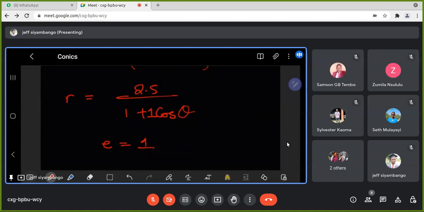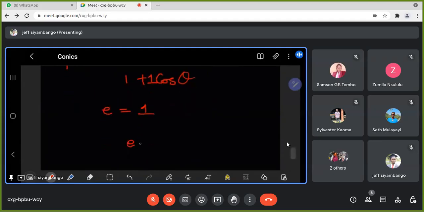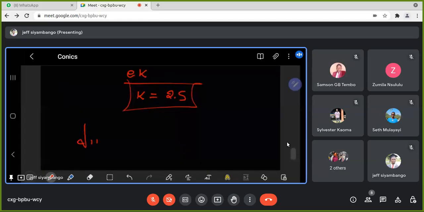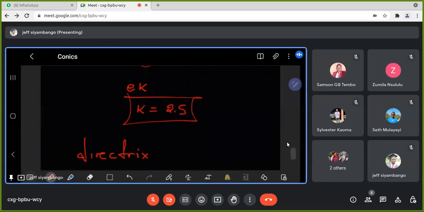Then the next thing that we see is the top part. The top part is controlled by E and K. But we've seen that E is 1. What does that mean? It means that K equals 2.5. What is our conclusion? Our directrix, which is what the question wanted, is going to be the line, since this is in the x-axis, x equals 2.5.